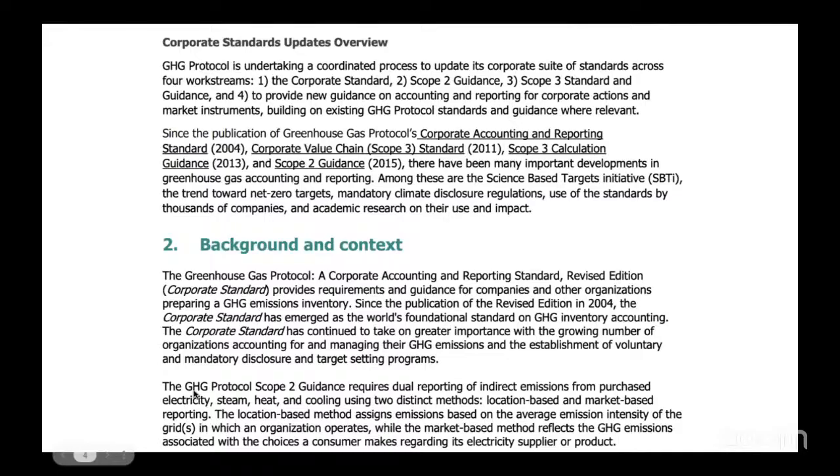The GHG Protocol Scope 2 guidance requires dual reporting of indirect emissions from the purchase of electricity, steam, heat, and cooling using two distinct methods. ロケーションベース、この辺はマーケット基準とロケーション基準ですね。Location-based and market-based reporting.